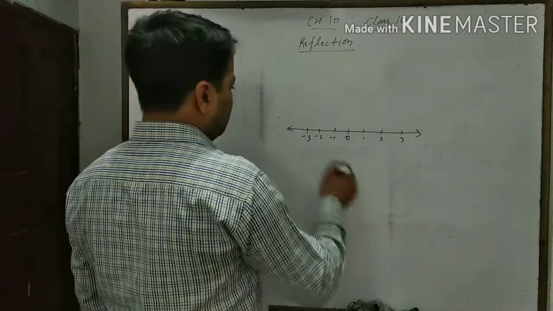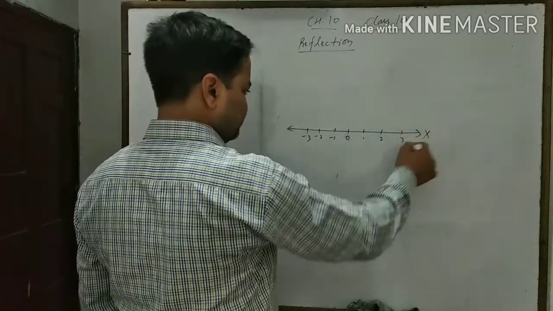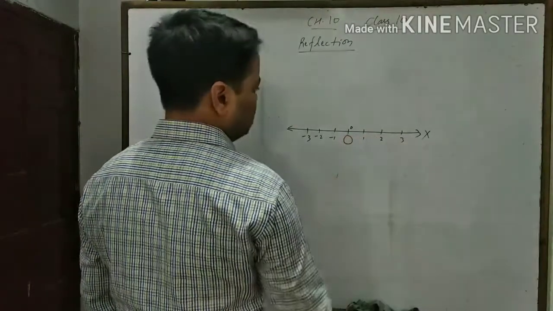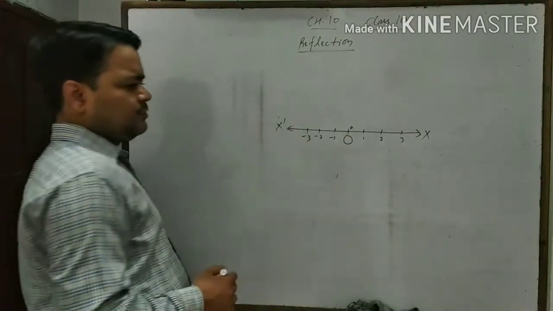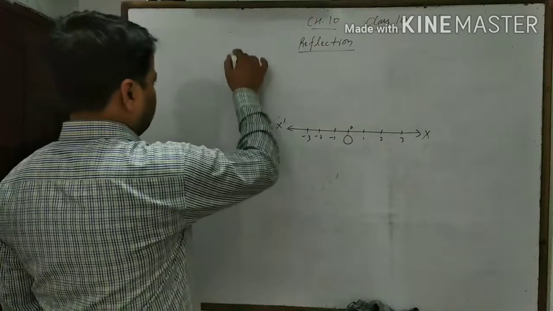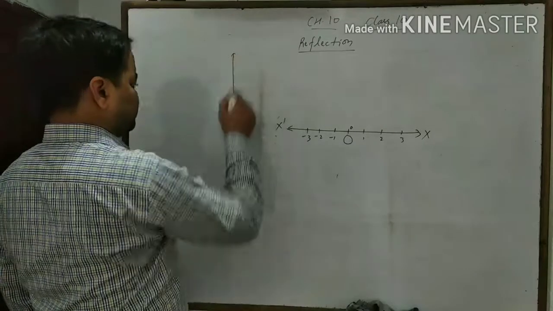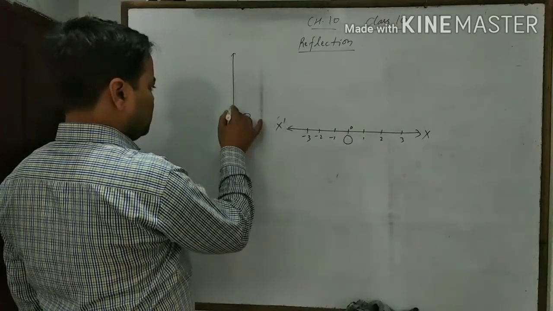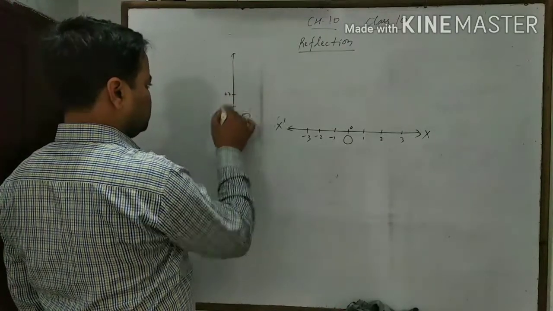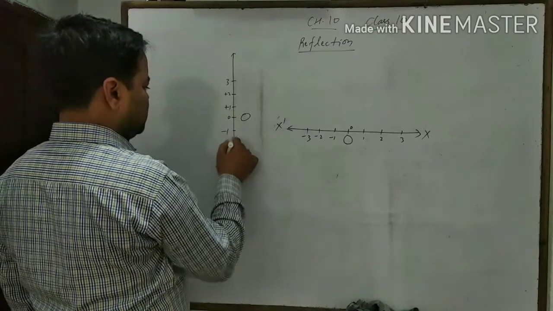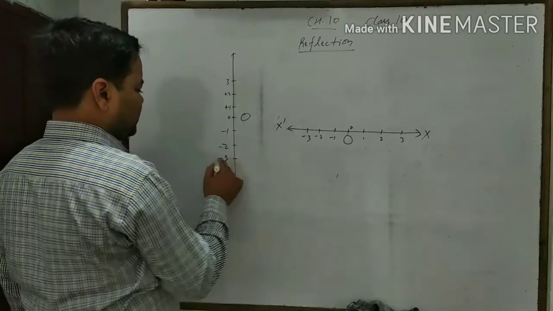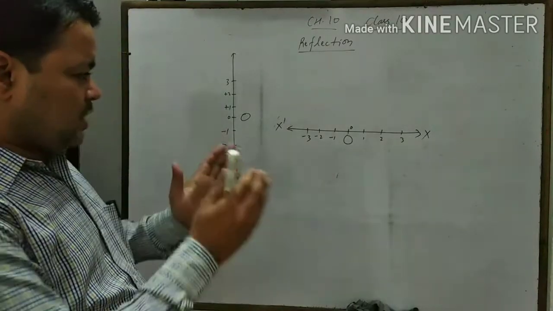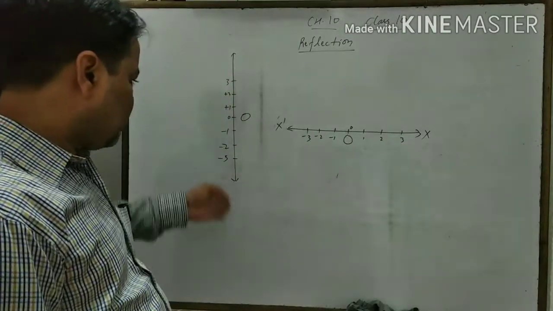Let this be X'OX, here this is 0, and here O. And one vertical line, O, with 0, plus 1, plus 2, plus 3, and here minus 1, minus 2, minus 3. Now we bring together this horizontal line and vertical line.